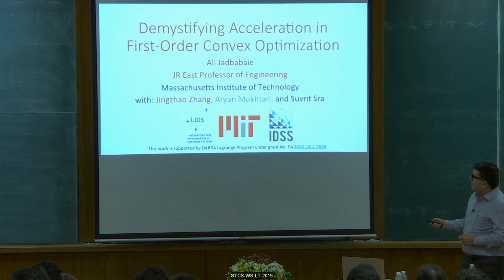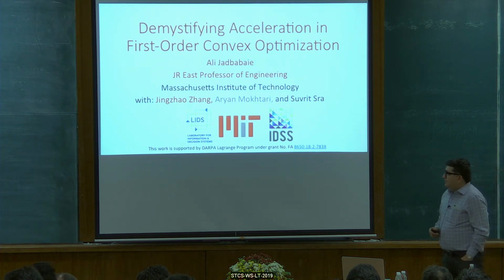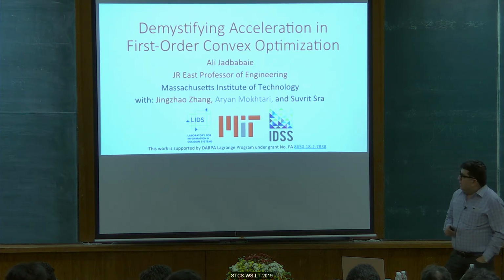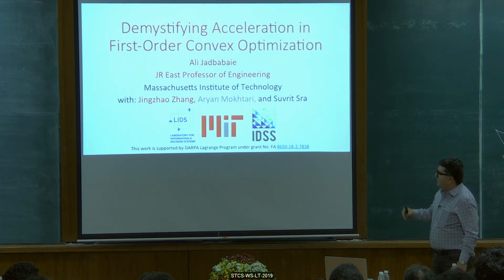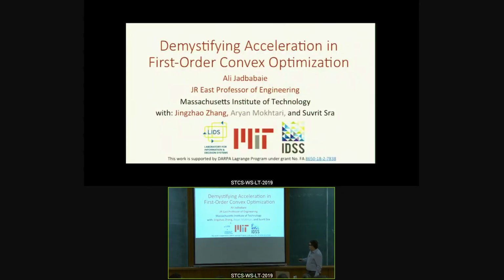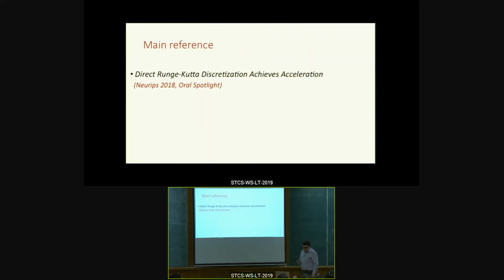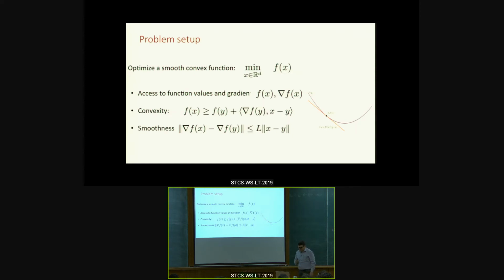This is mostly the work of my PhD student, Jingjiao Zhang, with input from my postdoc, Aryan Mokhtari, and together with my colleague, Suvrit Sra, who's faculty at MIT. The first part is based on a paper that is available on arXiv and that I presented a few weeks ago at the NeurIPS meeting.